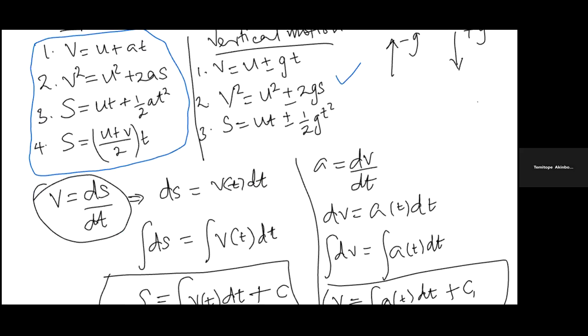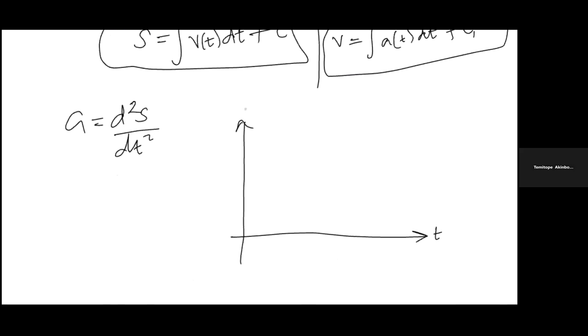So this is going to be V. So if, for instance, you have this, let's suppose this is the motion of a particular object in a velocity time graph.